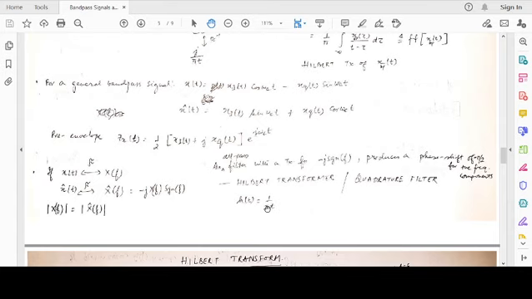When you study digital signal processing, you will see that in many cases the Hilbert transformer is designed in the digital domain. In the analog domain, it is not so easy to design a Hilbert transformer. The message signal is typically low pass, so you can easily digitize it. It's not a band pass signal.